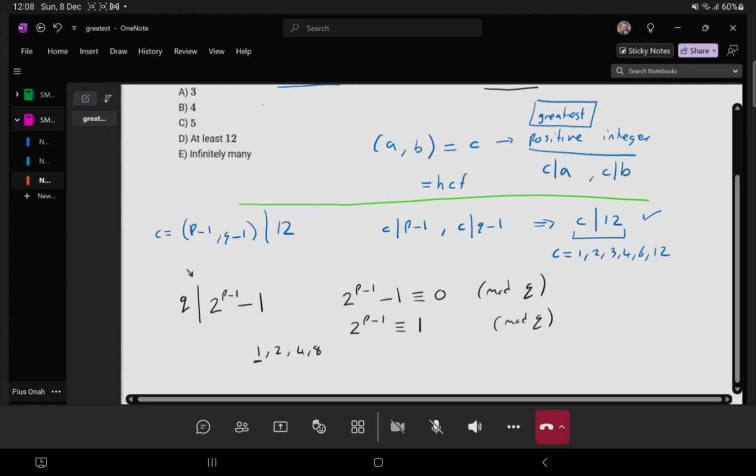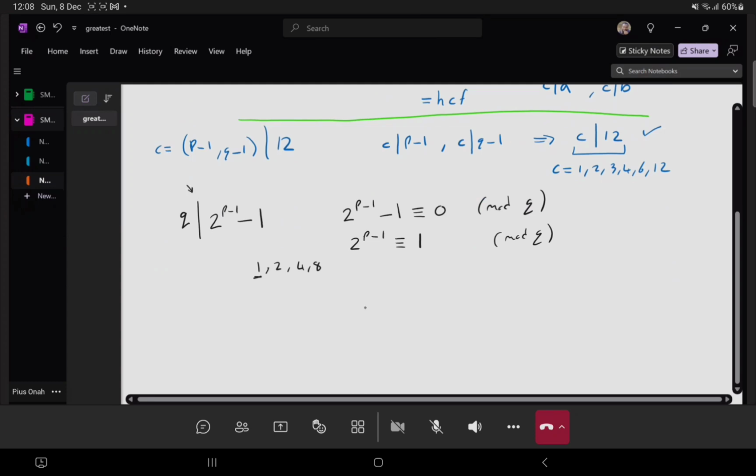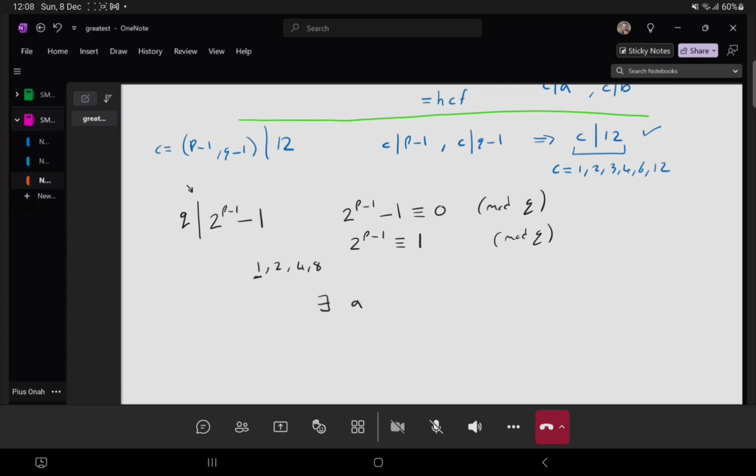To solve this problem, you need to be aware of that principle, that there's an order. So there exists some a, which I will call the order of 2 in mod Q. What does this mean? This means that 2 raised to the power a will have the same remainder as 1. And after this, we'll just be going in circles, because if you multiply by 2, you just get 2 again, until you get to a, where it becomes 1 again.